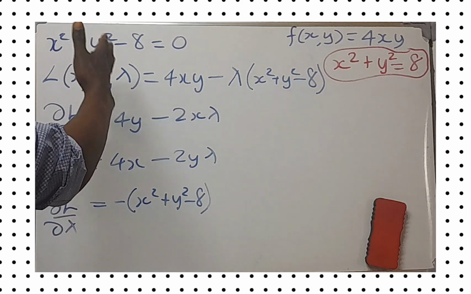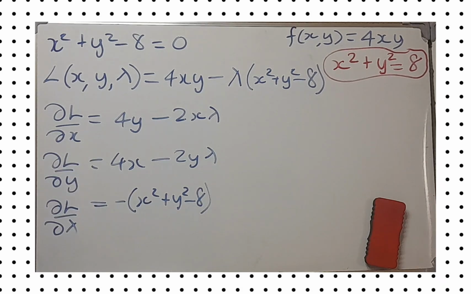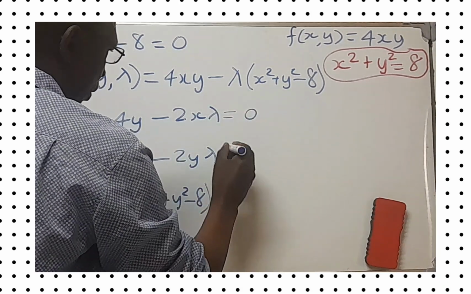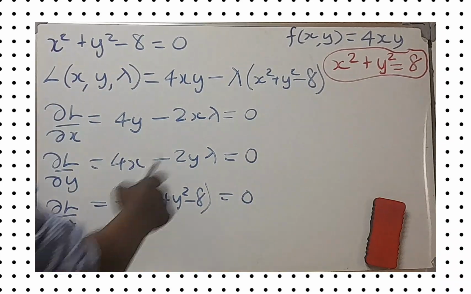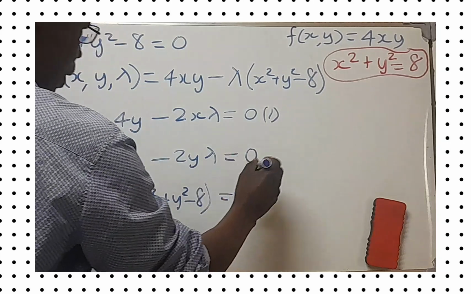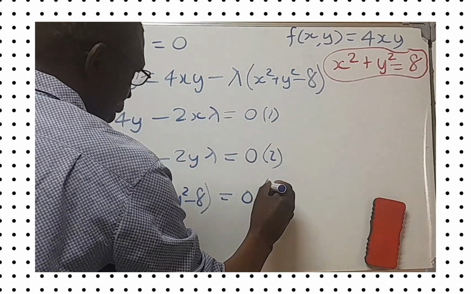And at stationary points, we know that all our derivatives are equal to 0. So we can equate each one of these to 0. Let's call this equation number 1. Let's call this one here equation number 2. Let's call here equation number 3.